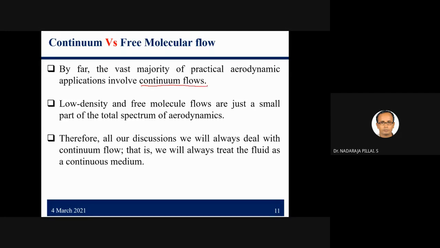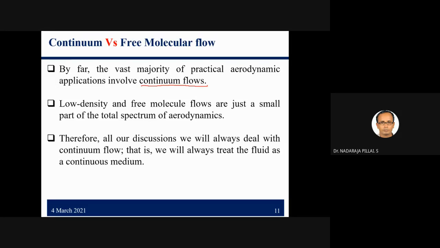So whenever a question is asked on continuum flow, you should explain it in terms of the mean free path and the characteristic length. The characteristic length may be a chord length c or the diameter d of a circular cylinder, right?